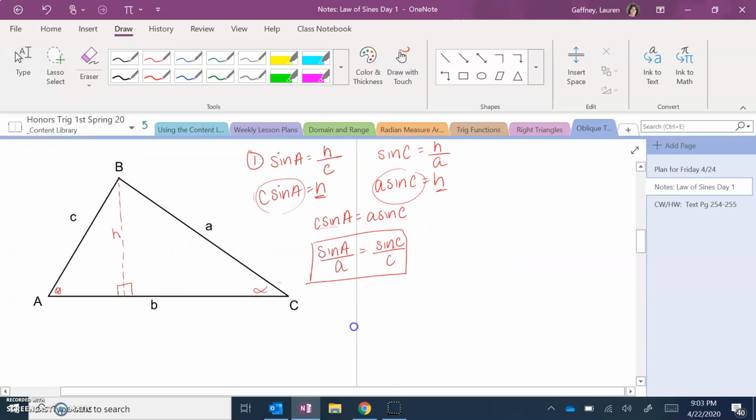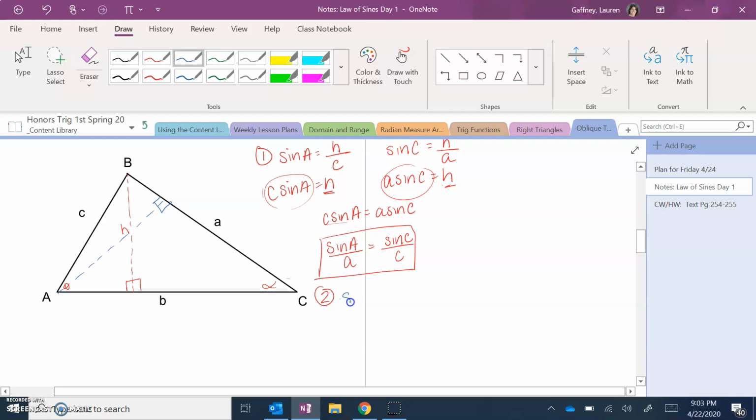At the same time, let's do another kind of mini proof here. I'm going to now drop an altitude this way, and I'm going to be looking at these two smaller triangles. Now here I'm going to say sine of C is equal to h over b.